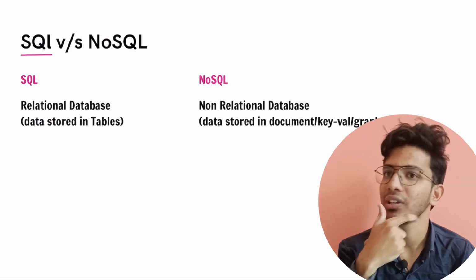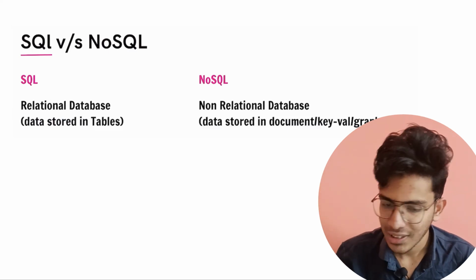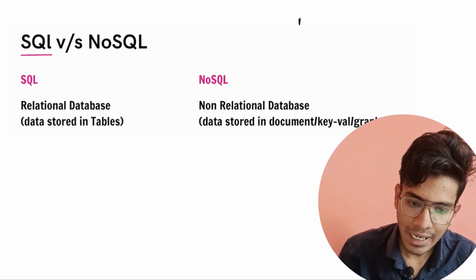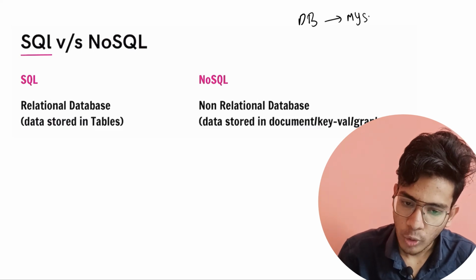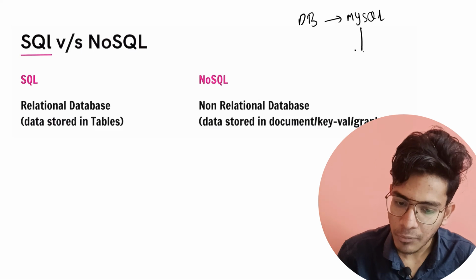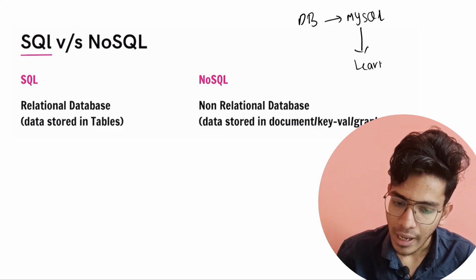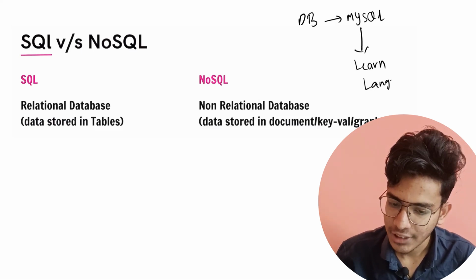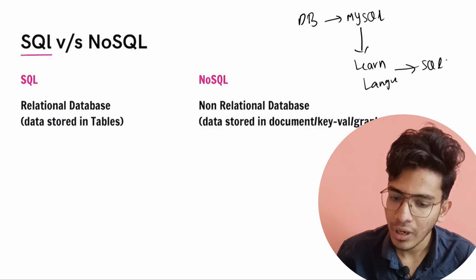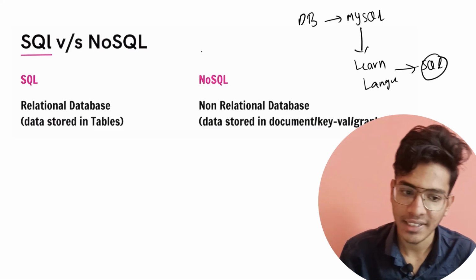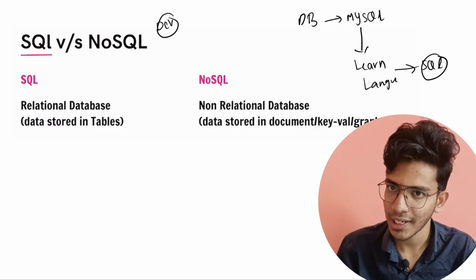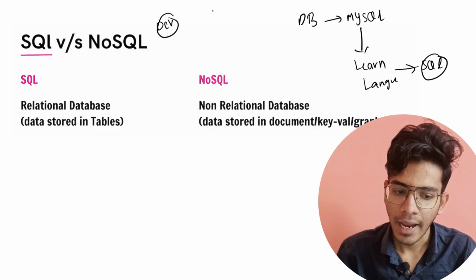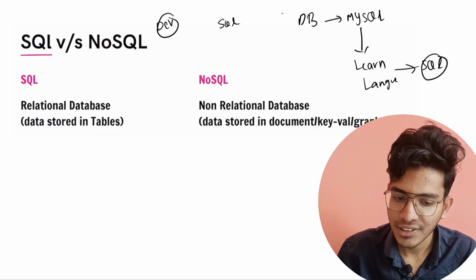What is the difference between these two? As I told you, in this chapter we will study a database, and that database is MySQL, and to interact with this database we have to learn a language, and that language is SQL. So SQL will act as an intermediary. Let's say this is your code, whatever code you are developing on the development side, the front end or back end side, and this is your SQL and this is your database.